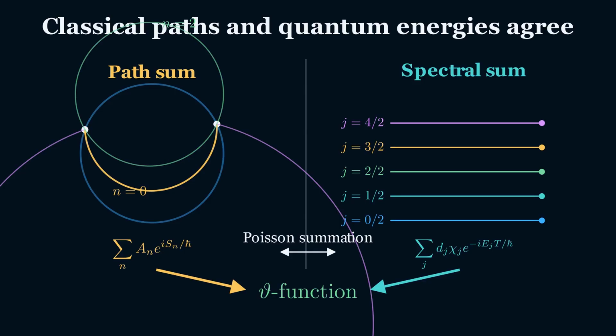The two expressions look very different because they label the same physics in different ways. Poisson's summation provides the algebraic bridge between them. It converts the sum over quantized representations into a sum over winding classical paths. Their agreement is therefore not accidental. Both expressions are different representations of the same underlying theta function.